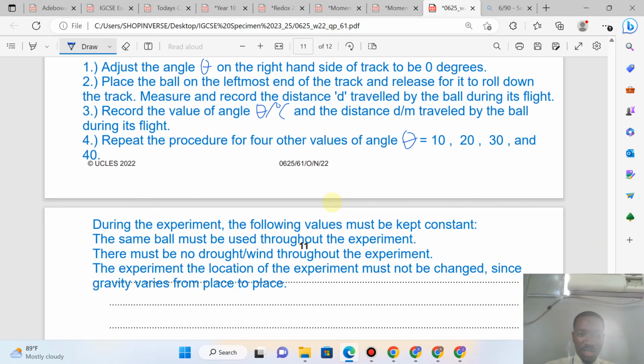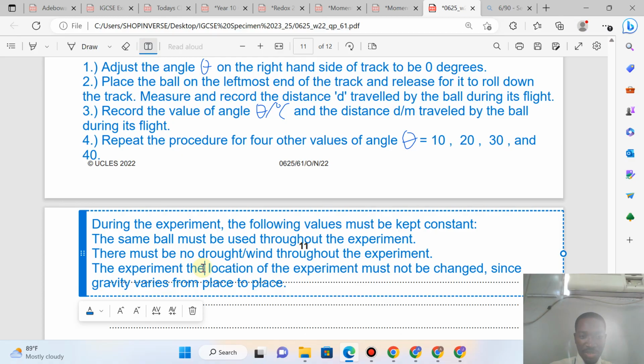I've listed that during the experiment the following must be kept constant. Number one, the same ball must be used throughout the experiment. When you use the same ball, the mass will not vary. Also, there must be no draught or wind throughout the experiment. Then the experiment must be carried out in one location.